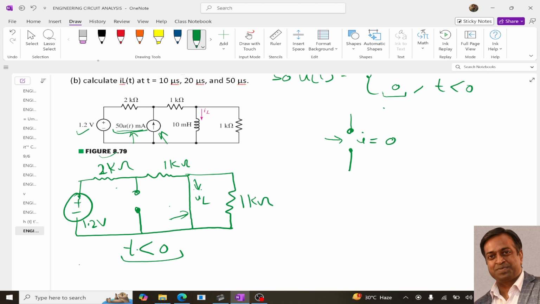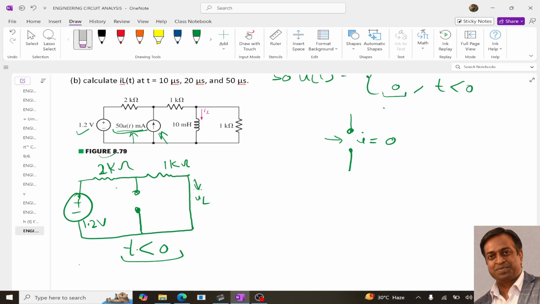Because of this short circuit wire, this 1 kilo ohm is short circuited, which means there will not be any current flowing through it. So I can simply remove it. Now my circuit will simply look like this.